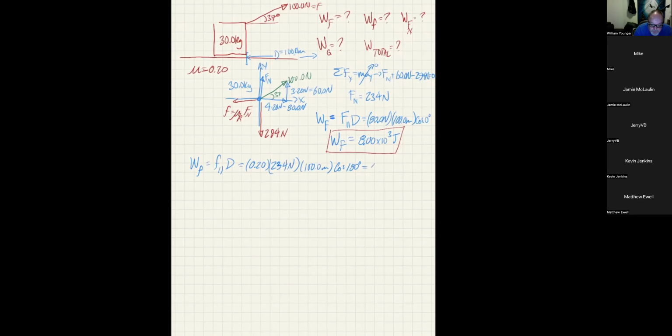So 4680 joules, and it's going to be negative. So the work done by friction is equal to negative 4.68 times 10 to the third joules.